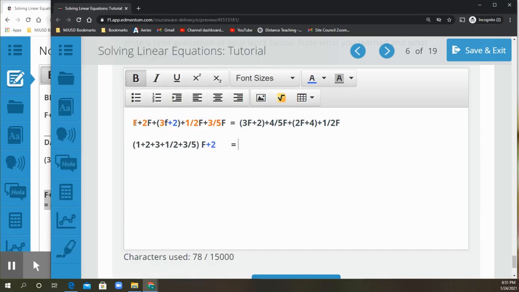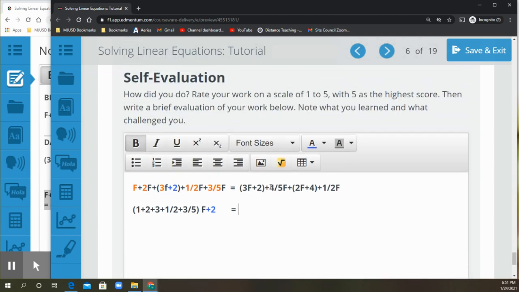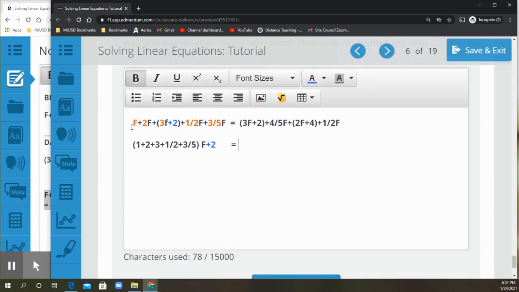Once I had the expression all written out on the blank spot that I could do the work from, I mean, I'm using a self-evaluation from a different page to do this.